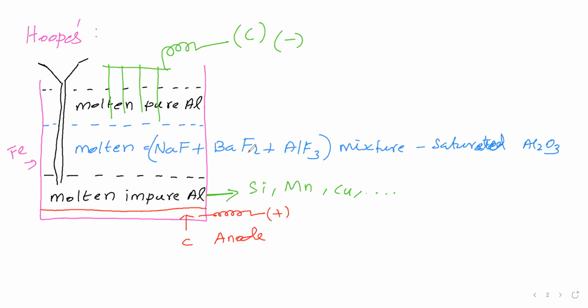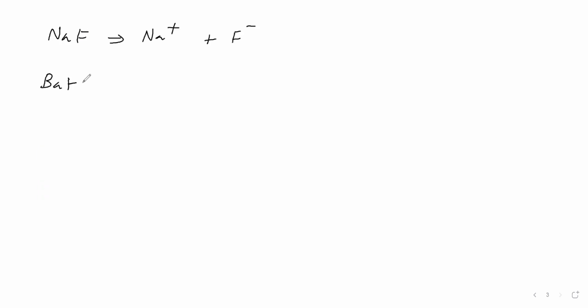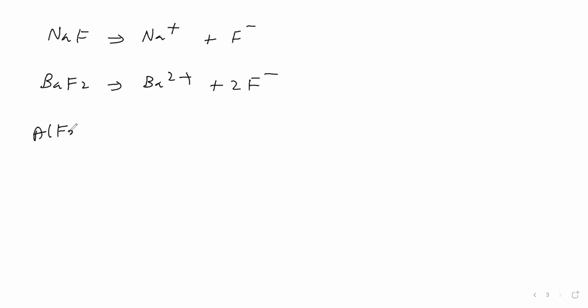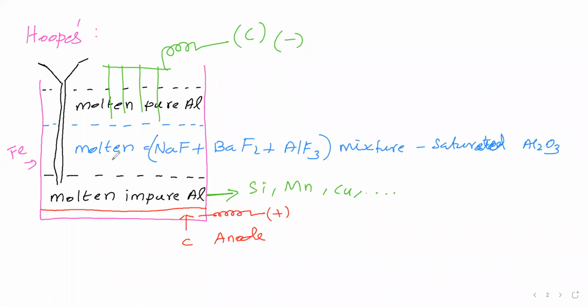BaF2 in the middle layer is ionic, so we write it as Ba2 plus and F minus ions. AlF3 in the middle layer we write as Al3 plus ions and F minus ions. In the molten mixture, in this middle layer, NaF, BaF2 and AlF3 are ionic, and we have written them in the ionized state.